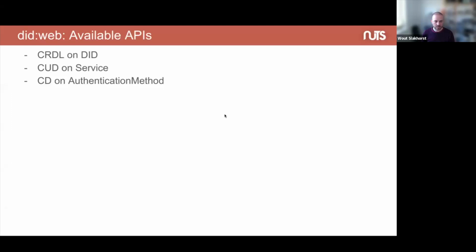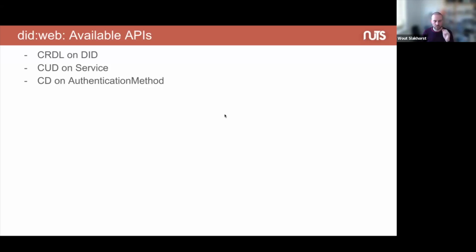The currently available APIs for DID Web: there is a create, read, delete, and list API for DIDs. There's a create, update, and delete API for services, and there's a create and delete API for authentication methods.